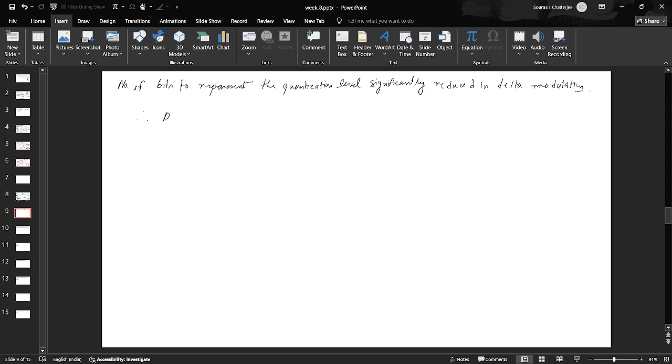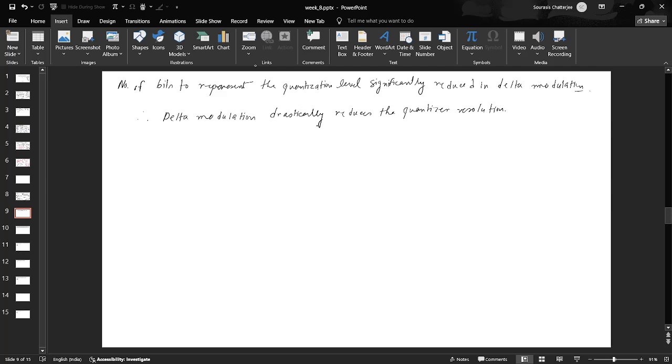Therefore, delta modulation drastically reduces the quantizer resolution. Remember what quantizer resolution is? It's the number of bits you require to represent each and every level.